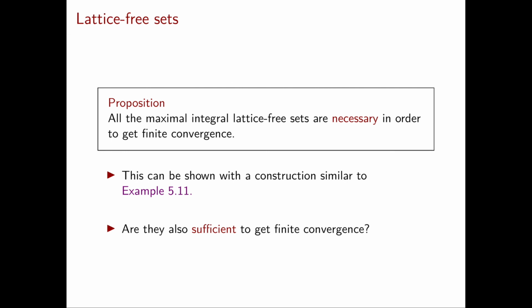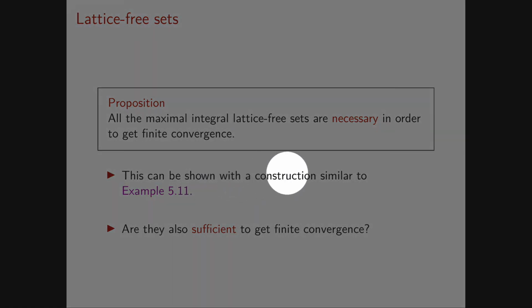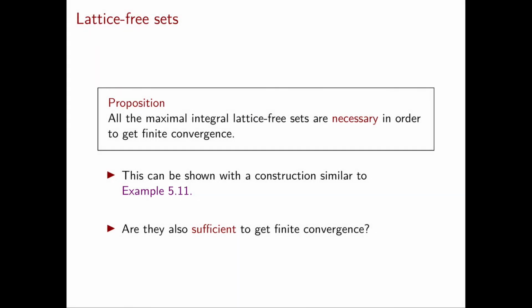To prove this proposition, one essentially has to mirror the construction that we have seen in example 5.11, where we saw that for the pyramid in R3, split inequalities are not sufficient to achieve a finite convergence.